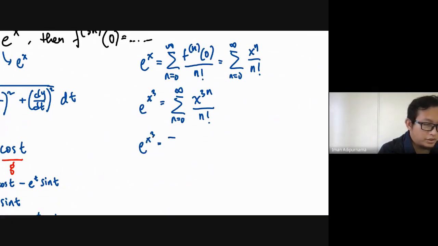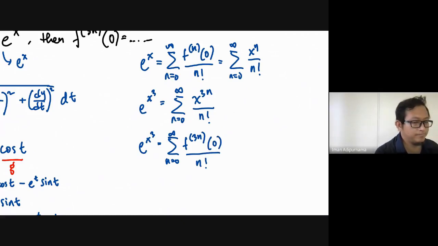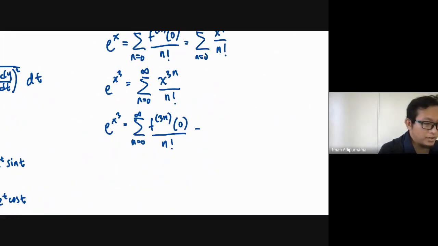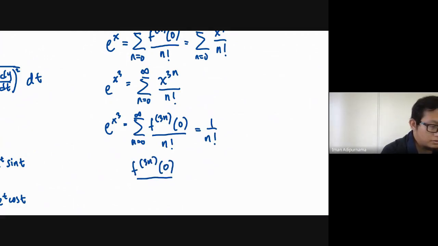So let me write the formula. So instead of n, now we have 3n. And this will be 1 over n factorial. Oh, sorry. It's 3n factorial here.